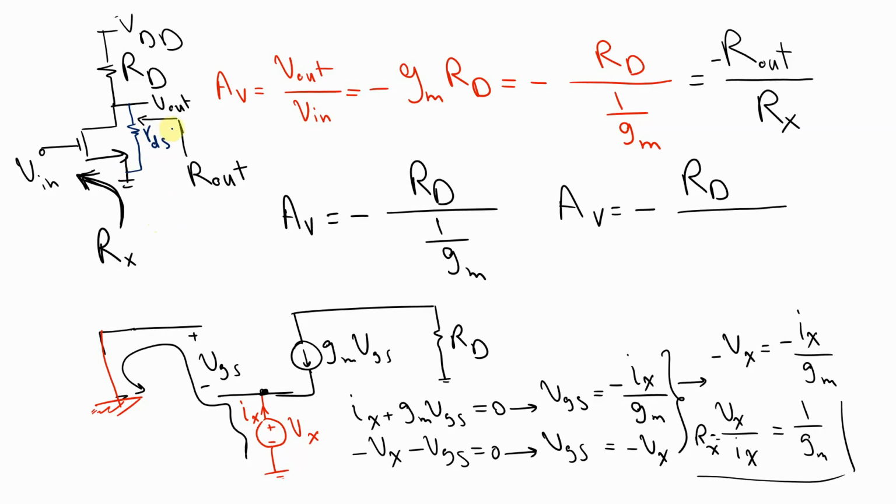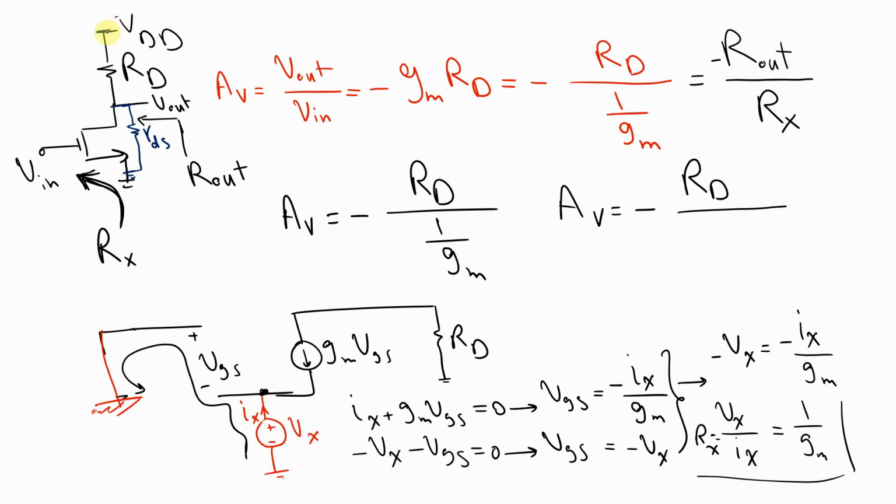So what is this R drain source with respect to RD? One node is connected to each other, and the other node, what about the other node? This is grounded, but this is virtually grounded in a small signal parameter.